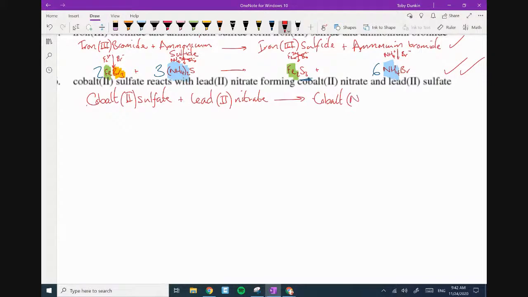Yeah, so it's a switcheroni. Oh, sorry. Cobalt 2 nitrate and lead 2 sulfate. I like it. Right.